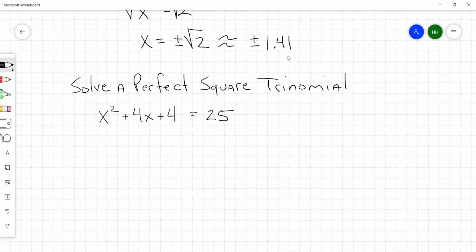We talked about perfect square trinomials a little bit last week and the week before. It's important that you recognize this trinomial on the left is a perfect square. x squared is a perfect square and 4 is a perfect square. So the whole left side of this equation factors to x plus 2 squared. And it's still equal to 25.